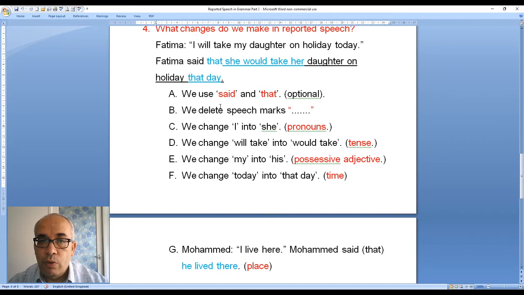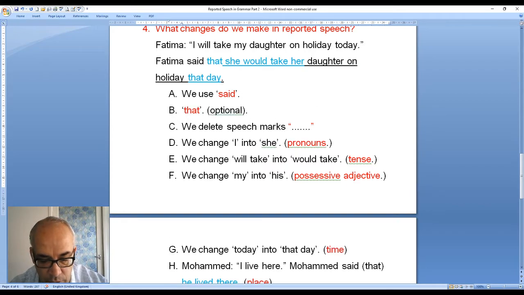So, what changes do we make in reported speech? I use said. I use that. I change pronouns. I change tense. I change possessive adjectives. I change time, and I change place. Of course, I put 7, but you can say 8. You can put, for example, like if you put this one here like this, so I can say like that. If you want, we use that.